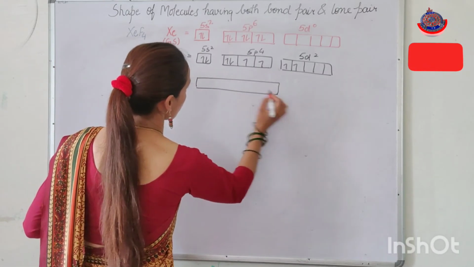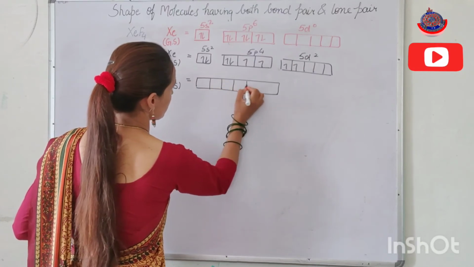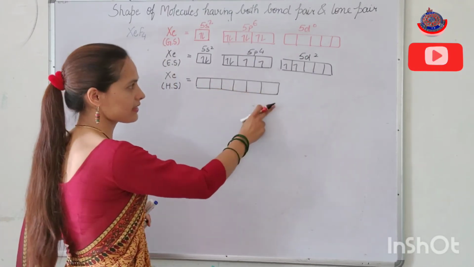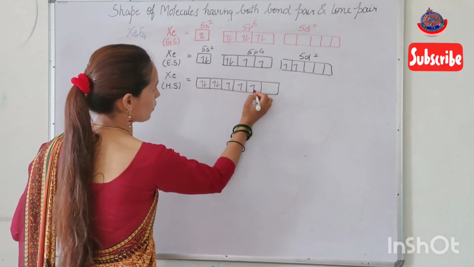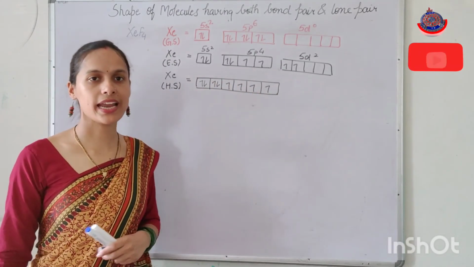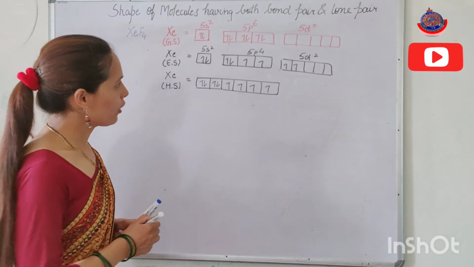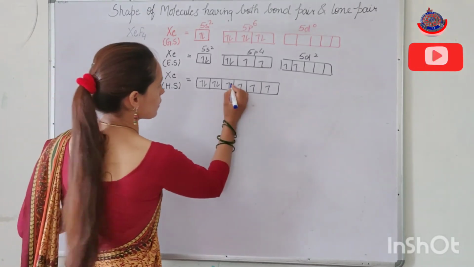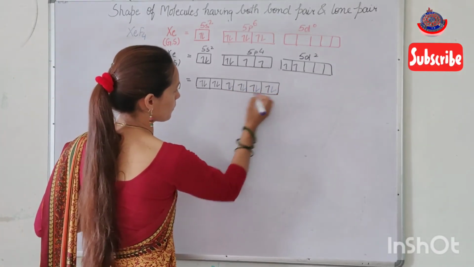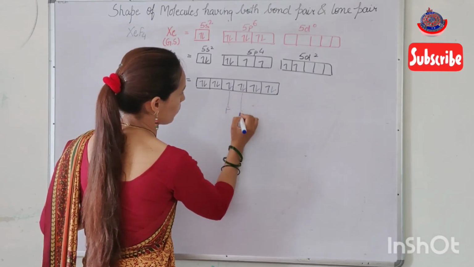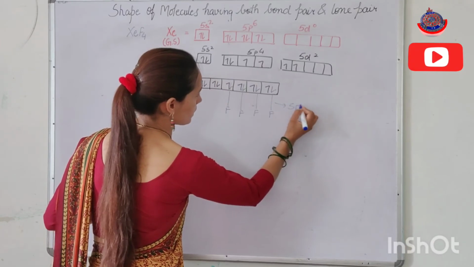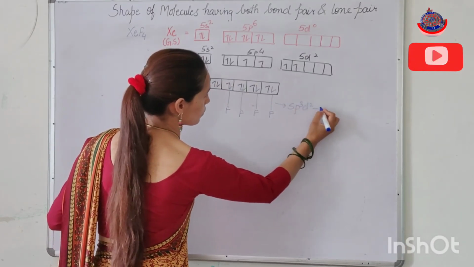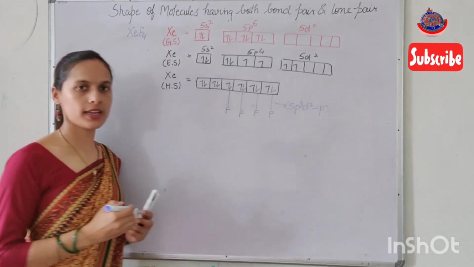We get a total of 6 hybrid orbitals, in which we have a total of 8 electrons. Now with these 8 electrons, 4 fluorines form bonds with these 4 orbitals, and the name of this bond is sp3d2-p sigma bond.